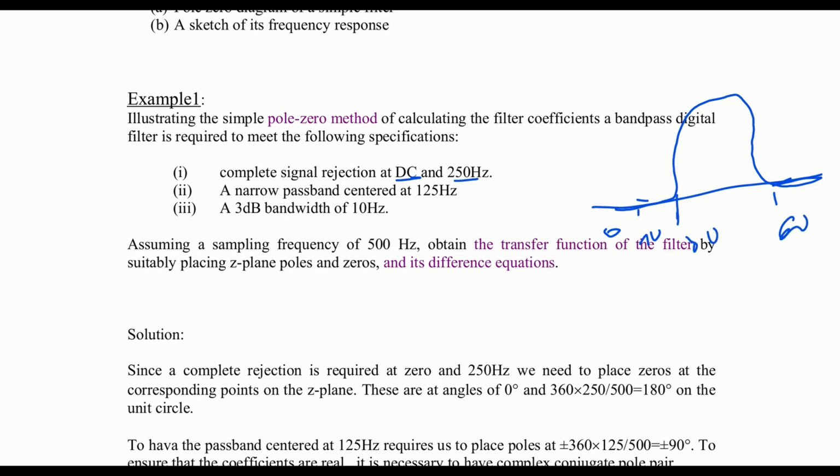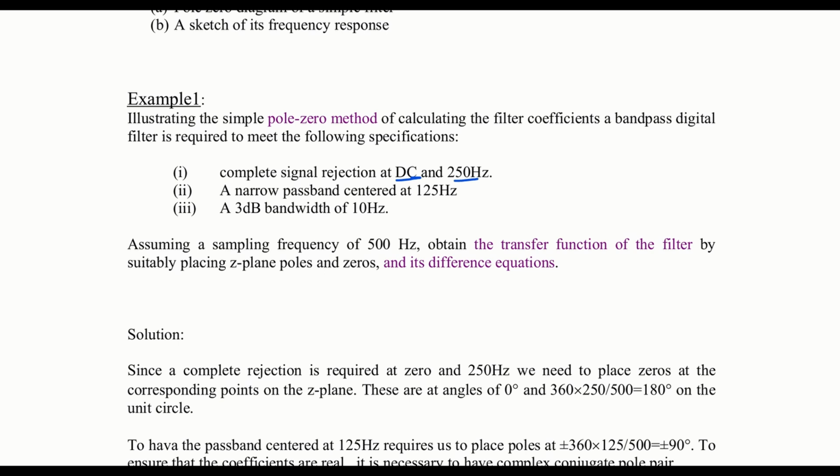That is when only the filter will not attenuate the signal. Attenuate means to make the signal 0. So apart from between 30 and 60 hertz, it will make the signal 0. That's basically a bandpass filter.